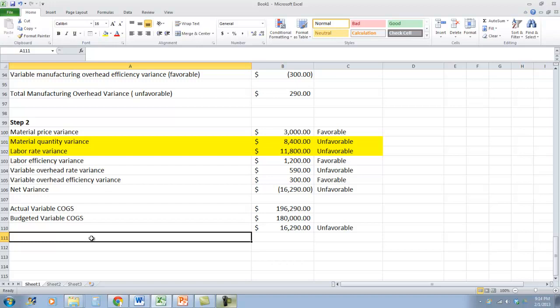These are just some of the things that could be causing a material quantity variance, or using too much material. The labor rate variance: we could have outdated standards, which means we just didn't know the labor rate changed, a change in pay scale, or we could be paying overtime. So these are the two most significant. Ms. Dunn should look at that and try to make an adjustment. And this is a comprehensive variance analysis, chapter 10.